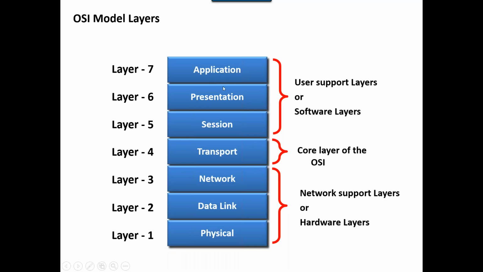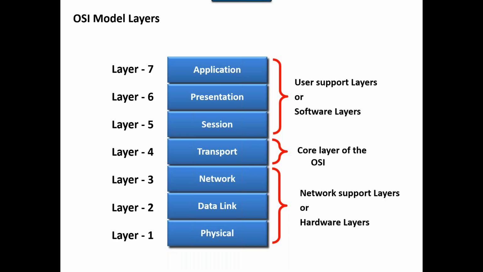Now, I'm sending some data from my PC and you're receiving the data. How will your system receive the data? Using cable only. From one PC to another PC, the data is transferring through cable. Cable comes under software or hardware? Hardware. At that time, in our system, it starts working from physical layer.